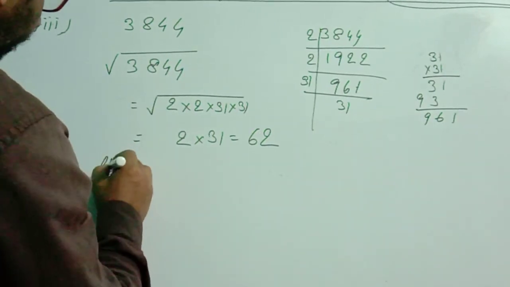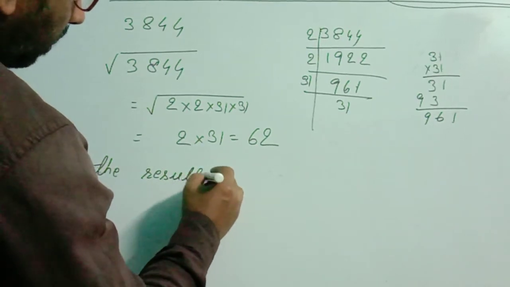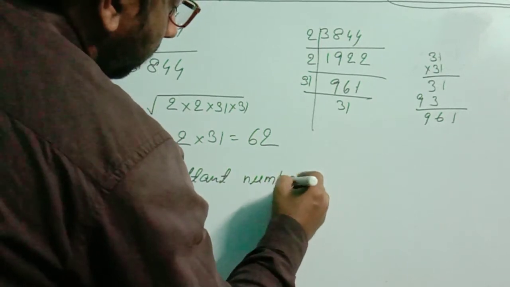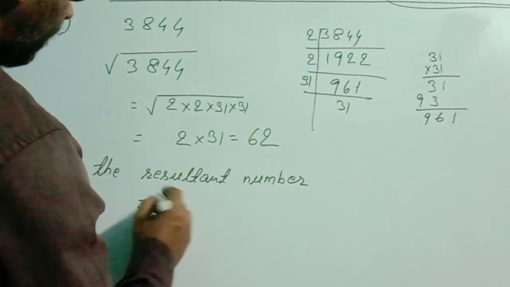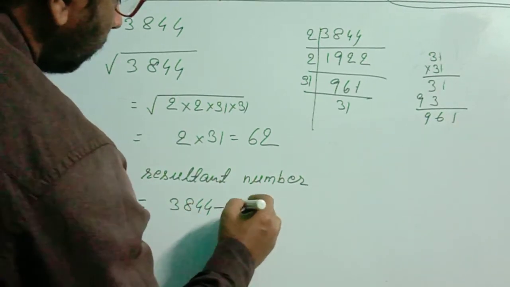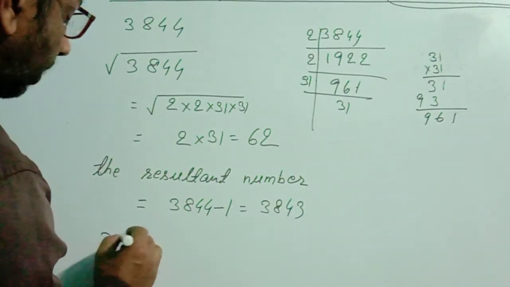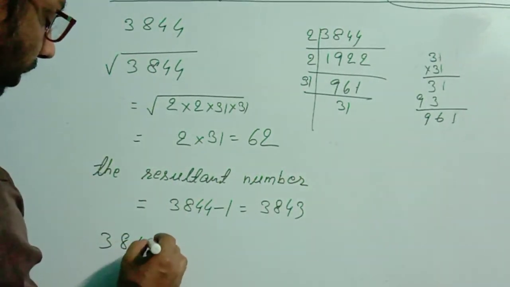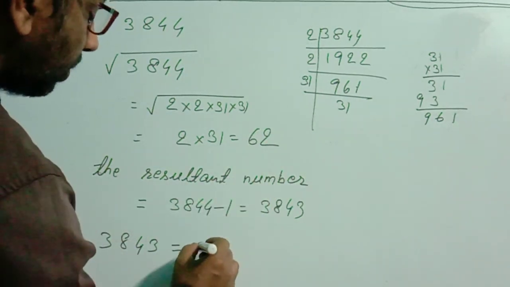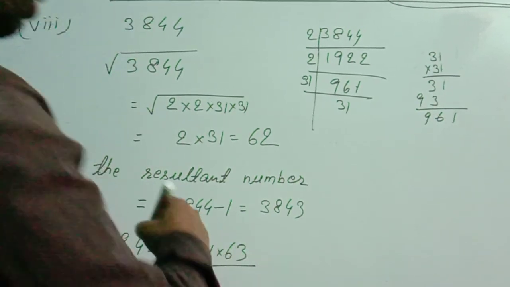Now the resultant number equal to 3844 minus 1, 3843. So this resultant number 3843 is the multiplication of the predecessor of 62, that is 61, and the successor of 62, that is 63. These two became the answer.